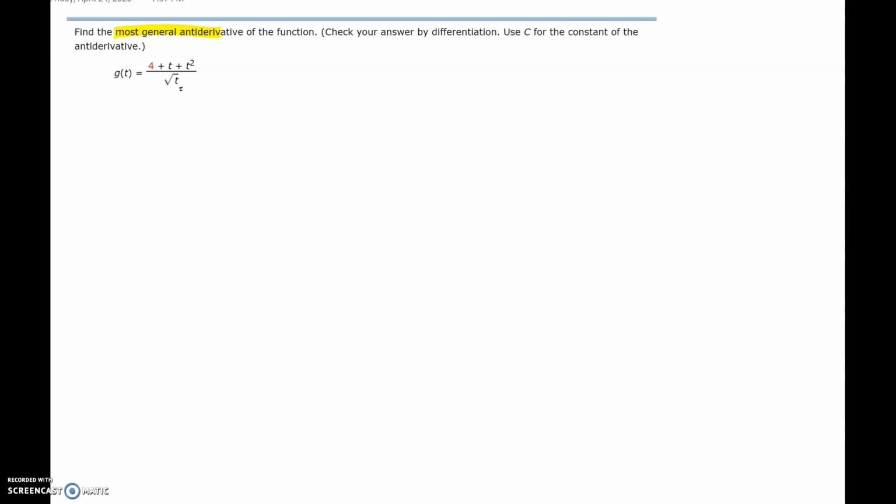Because it's an introductory section on antiderivatives, we have done only very few formulas, one of which is the antiderivative of a function like x to the power n, which is x to the power n plus 1 over n plus 1, where n is not equal to negative 1.